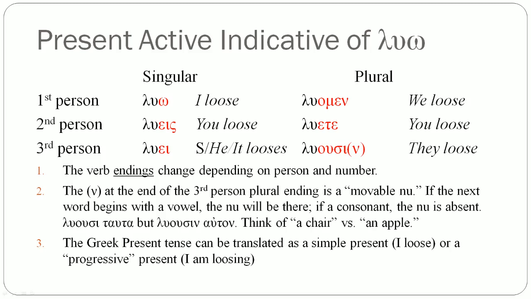The movable nu, think of English, a chair. I sit in a chair, but I eat an apple. Same word, a or an. You just kind of stick that n sound to make it easier to pronounce.